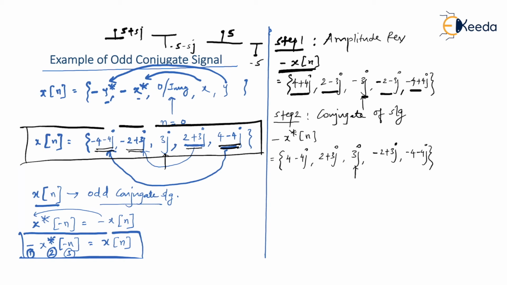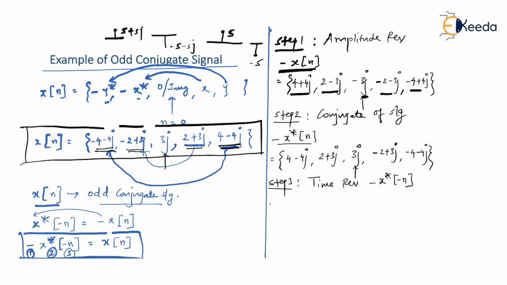Is that right? So in step number 2, we have taken the conjugate of the signal. Let us see what I'm going to do in step number 3. So in step number 3, we have already decided to go for the time reversal property. So after the time reversal property, see, originally the signal was minus x conjugate of n. Now it will become minus x conjugate of minus n.